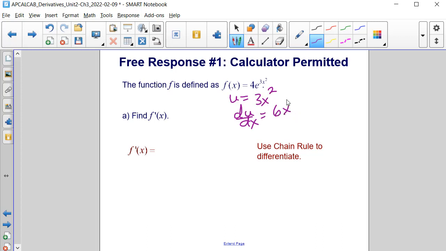using the power rule. So what we can do is rewrite f of x in terms of u. So f in terms of u is equal to 4 times e to the u. Well, if we differentiate, f prime of u would be 4 e to the u times du over dx.